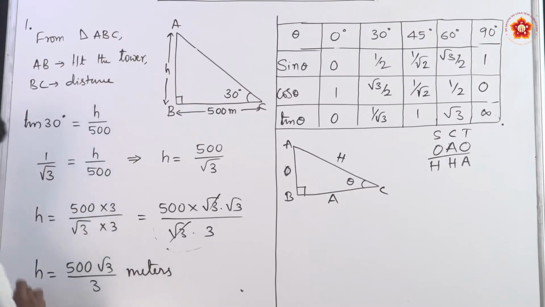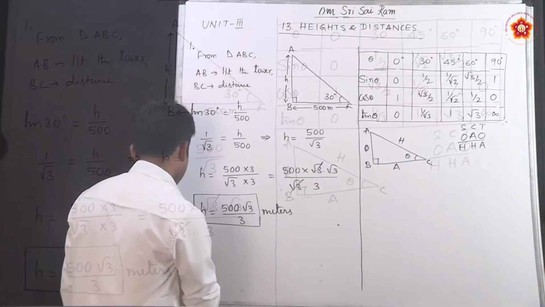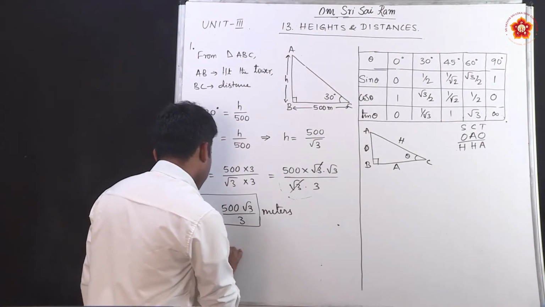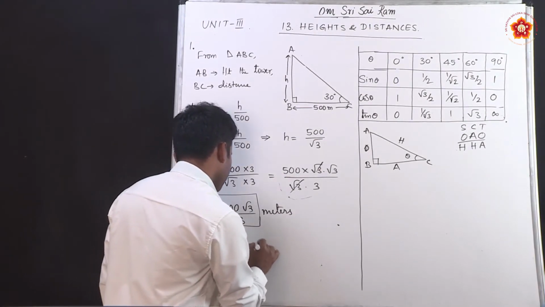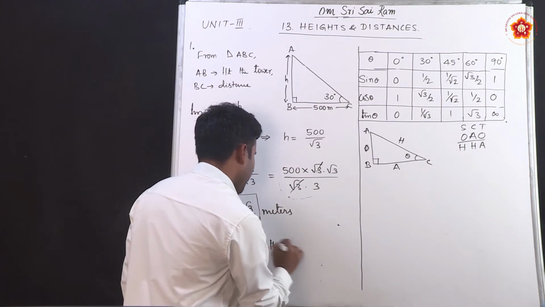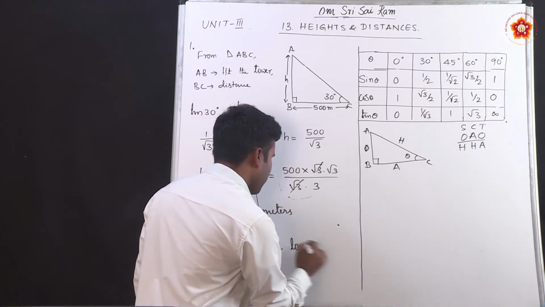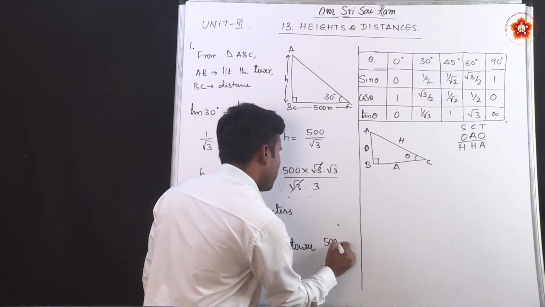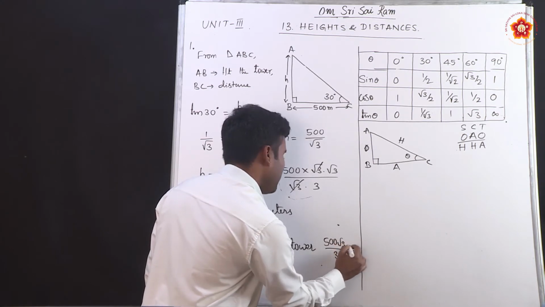This is what they have given in the textbook, and this is the height of the tower. Therefore, the height of the tower is 500 root 3 by 3 meters.